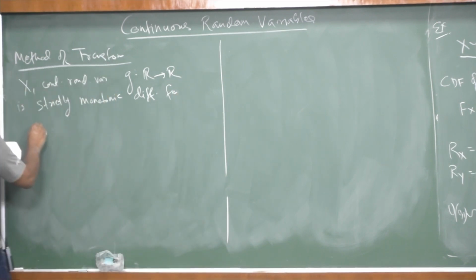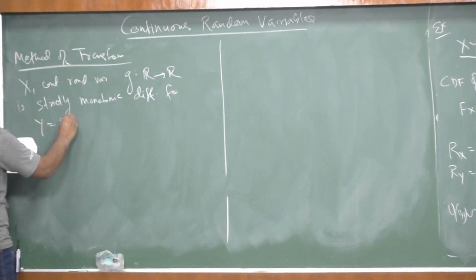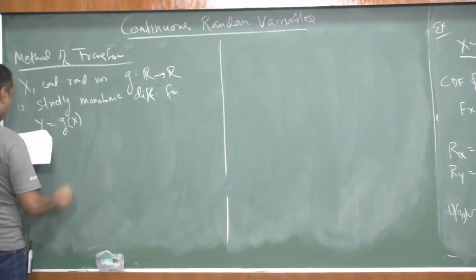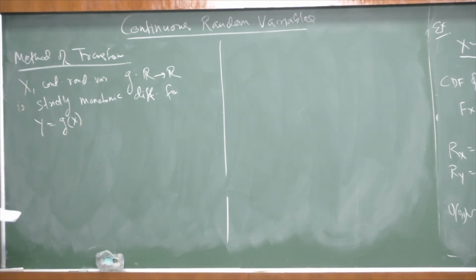Okay, so let that transform be Y = g(X). Then the method of transform says, without deriving this, you can go ahead and look up the derivations and meet me personally if you want to, but I will write down the method of transform.